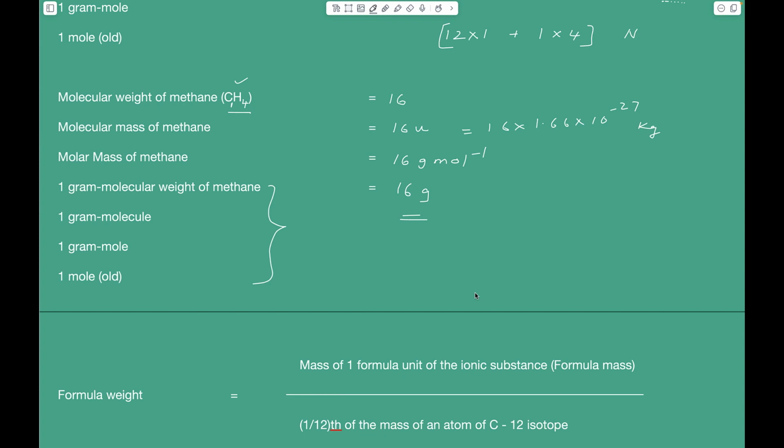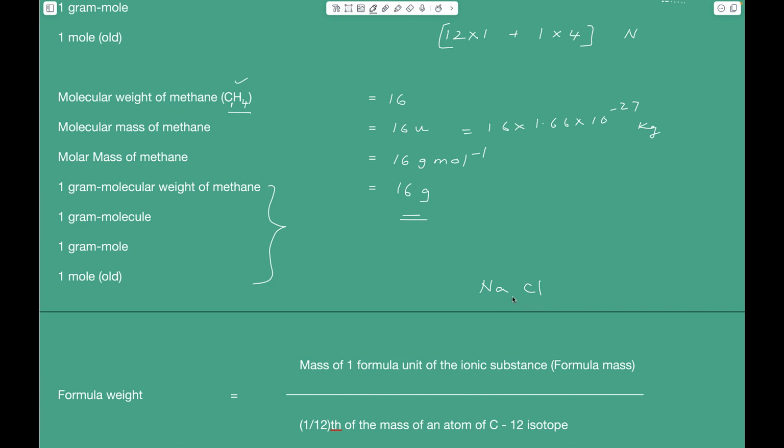Then how do we represent the formula of ionic compounds? Now, to represent the formula of an ionic compound, you have to write the symbols or the formulae of the ions present in that compound next to one another.